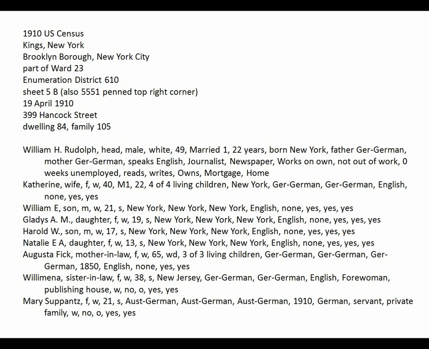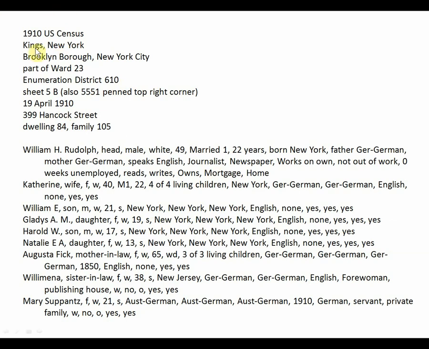Another advantage of transcribing a record is that then you can search your computer for, I want to see any record or any document that has the word journalist, or any document that has the word Hancock. And it gives you more flexibility in pulling up information if you can't remember where you saw that, but you can remember some piece of information that was included in the record.